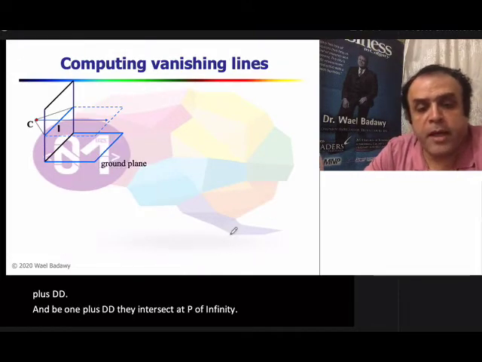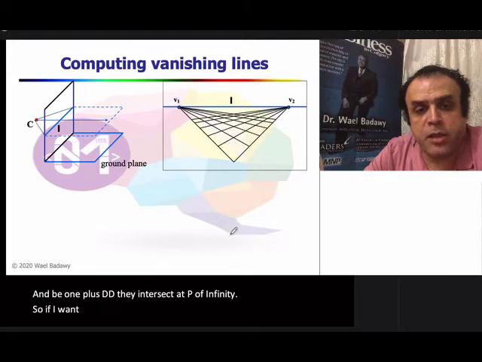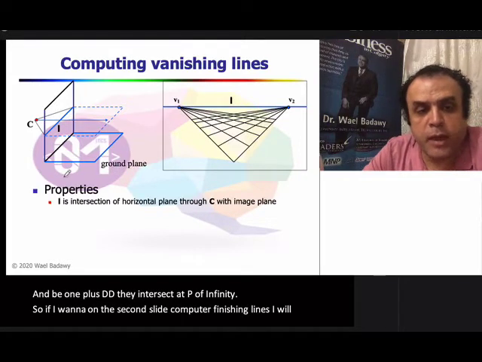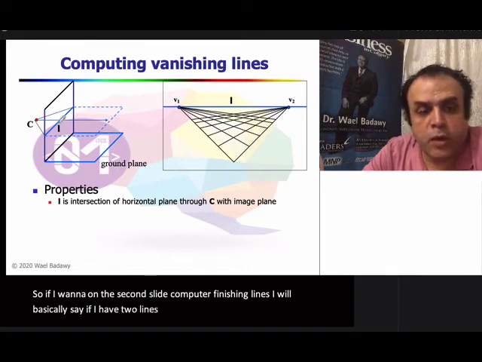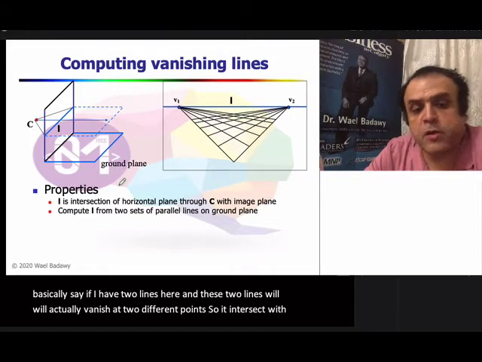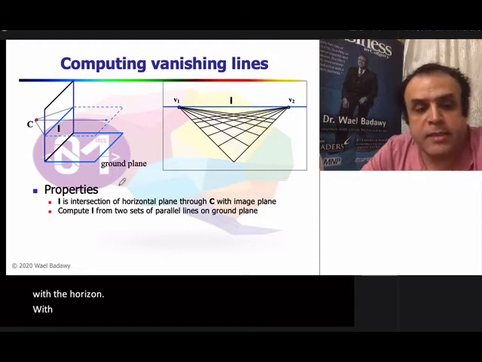So on the second slide, to compute the vanishing lines, I will basically say if I have 2 lines here, these 2 lines will actually vanish at 2 different points. So it intersects with the horizon, with the horizontal plane through C in the image plane.